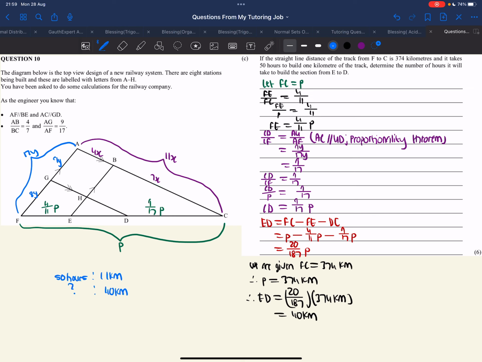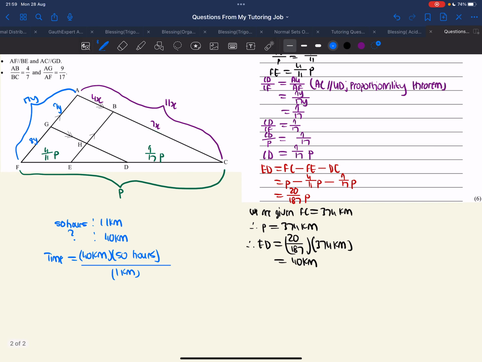Time equals 40 kilometers multiplied by 50 hours divided by 1 kilometer. And if you do that, the hours that you're going to get will be 2000 hours.